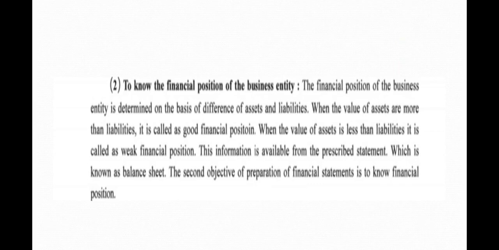When the value of assets is more than liabilities, it is called a good financial position. When the value of assets is less than liabilities, it is called a weak position. This information is available from the prescribed statement, which is known as the balance sheet. So the second objective of preparation of financial statement is to know the financial position.